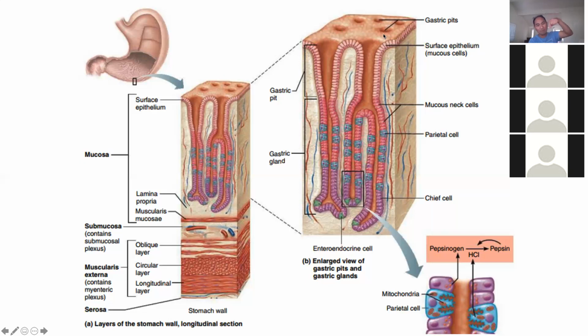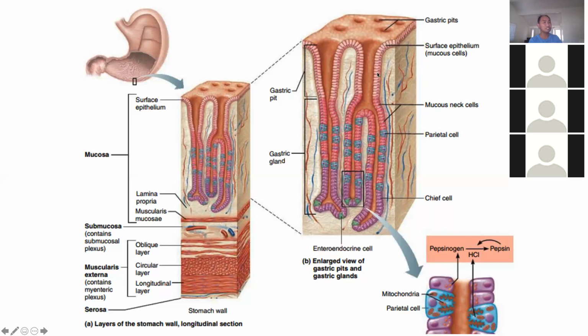Little pit holes here, and then you just follow and track into the hole. These little tracts are lined by cells called mucus cells, closer to the gastric surface.